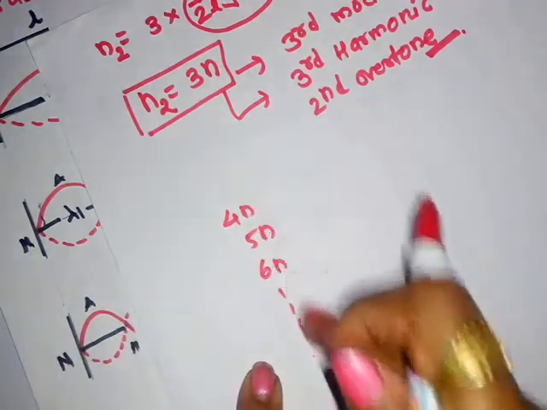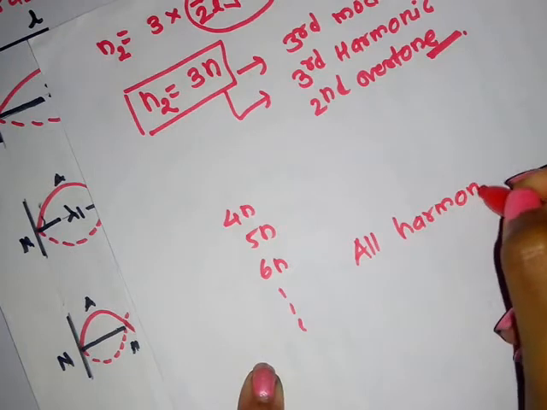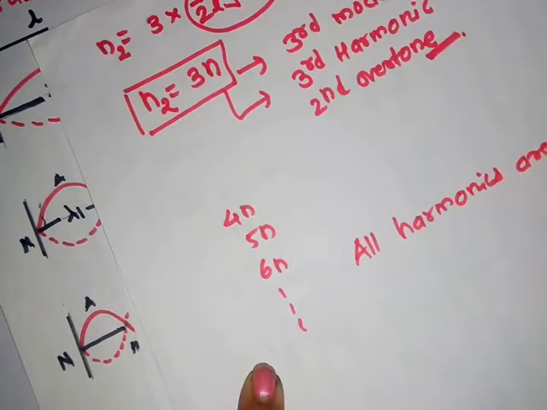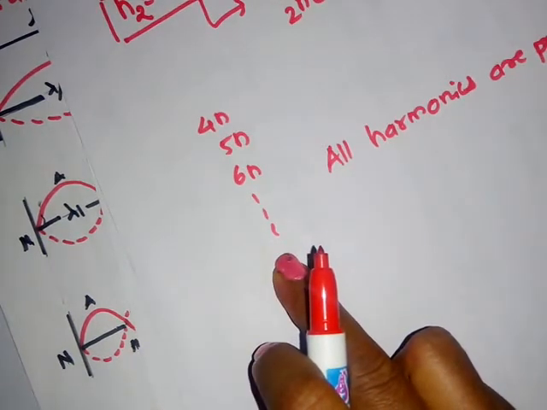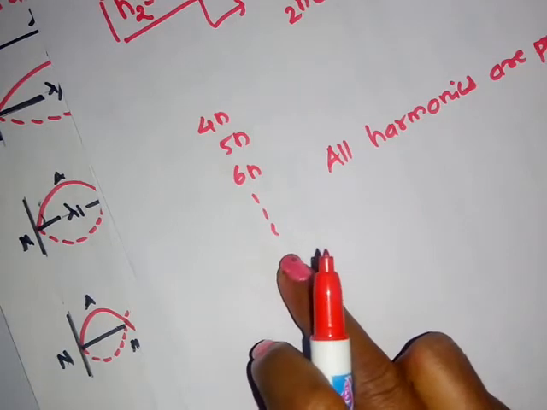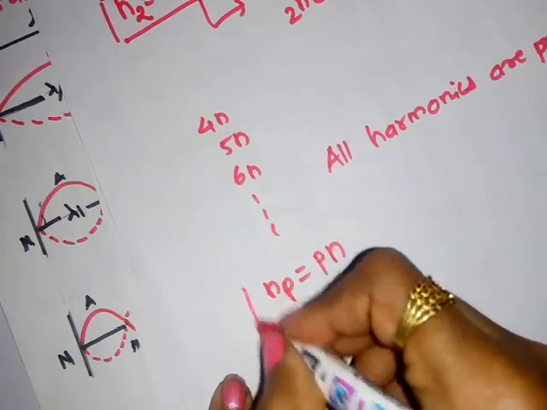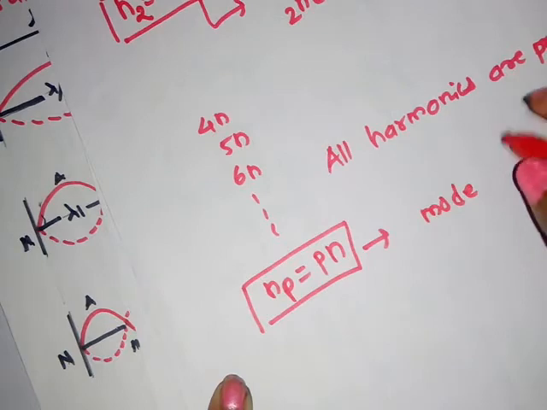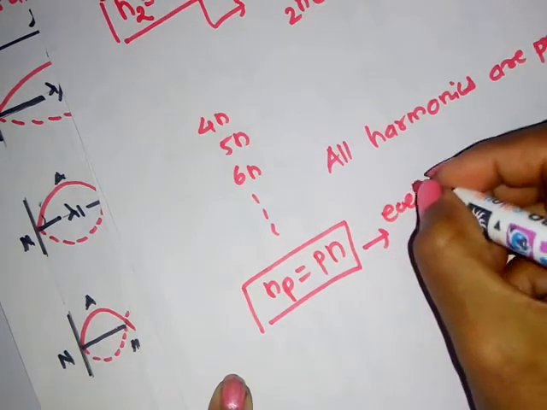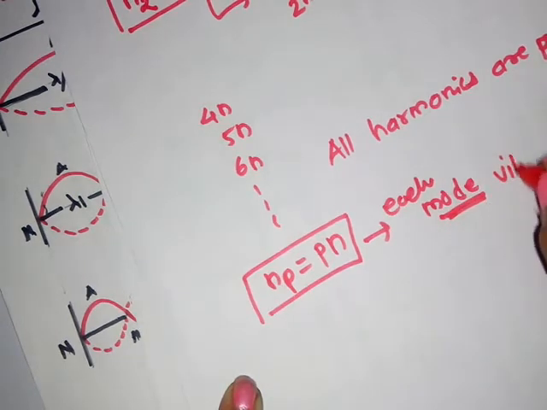Then from this we can conclude that all harmonics are present. Then the general equation for the frequency for each mode of vibration is given by Np is equal to P into N. This is the equation for the frequency for each mode of vibration.